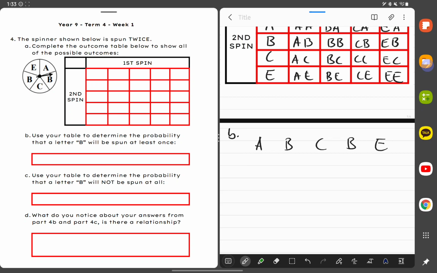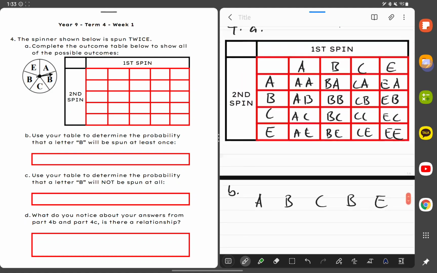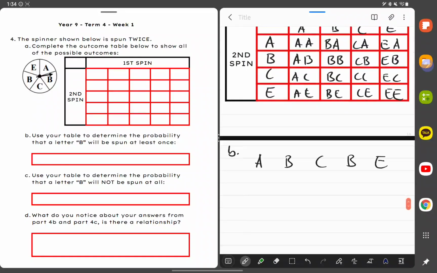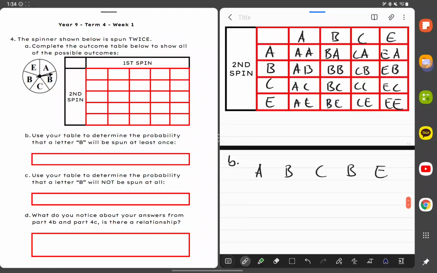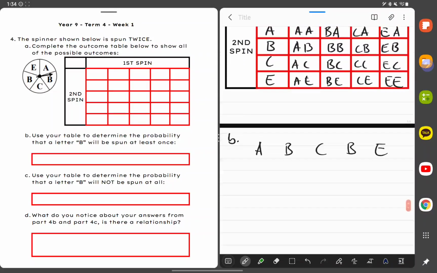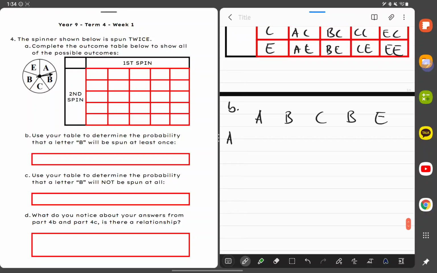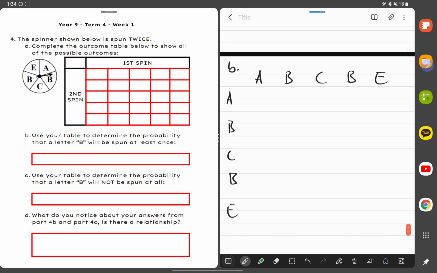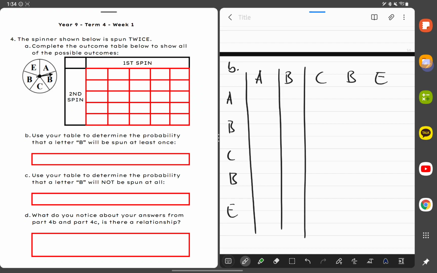Now, here, the probability that the letter B will be spun at least once changes the question a little bit. That table right above for us doesn't quite work because it doesn't take into account that B would happen twice. So I wonder if that's a flaw in the design, or I've used it in a way the creators weren't intending me to use it.